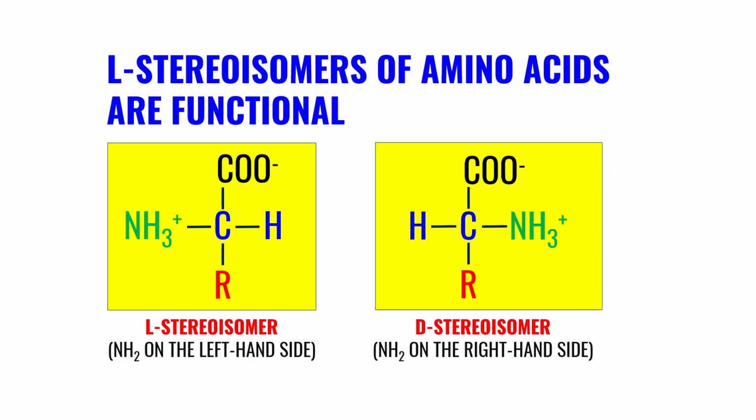Why the system has evolved or chosen L-stereoisomers, this is all hypothetical. The answer may be because the enzymes or proteins which utilize amino acids have been optimized to use only L-stereoisomers during the course of evolution. This is a hypothetical answer.